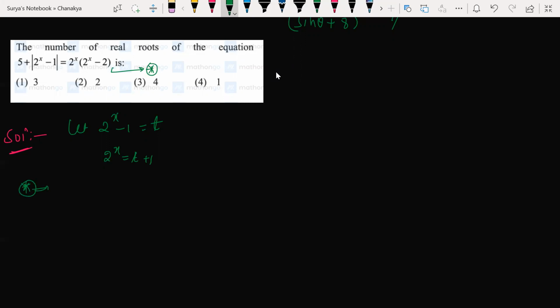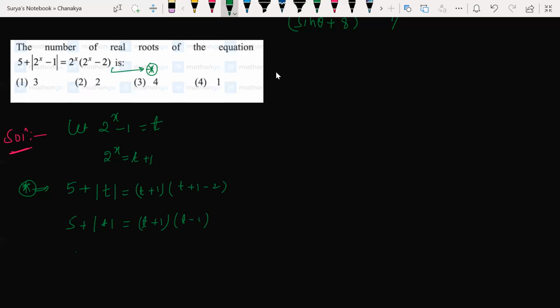From the star equation, 5 plus modulus of t is equal to 2 to the power of x, which is t plus 1, into 2 to the power of x, which is t plus 1, minus 2. So 5 plus modulus of t is equal to (t plus 1) into (t minus 1).